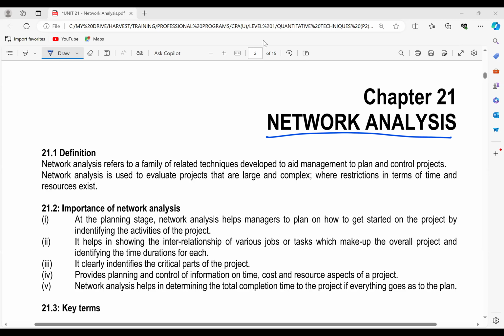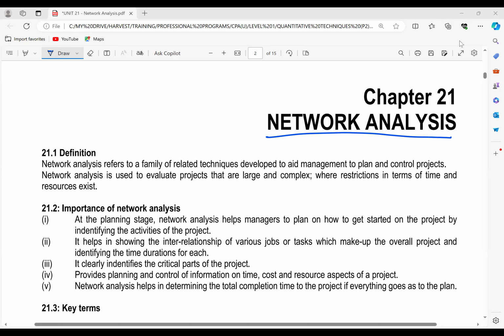The main output of this process is the network diagram, which is like a map showing how the project is going to be conducted, how the activities are related.